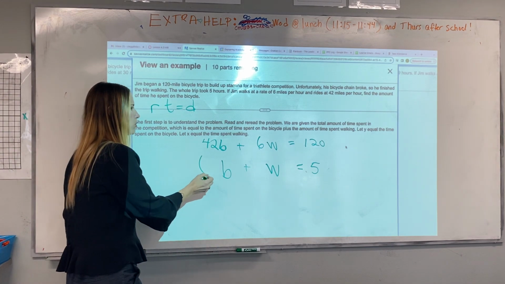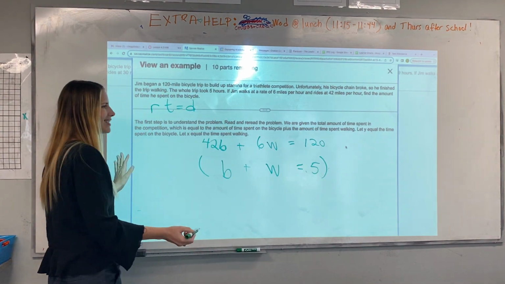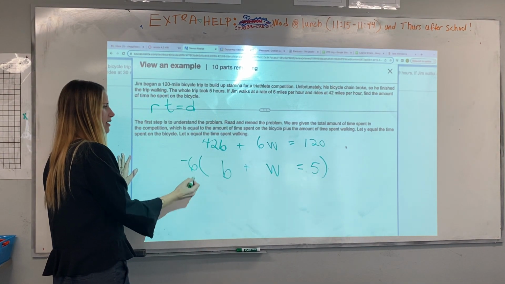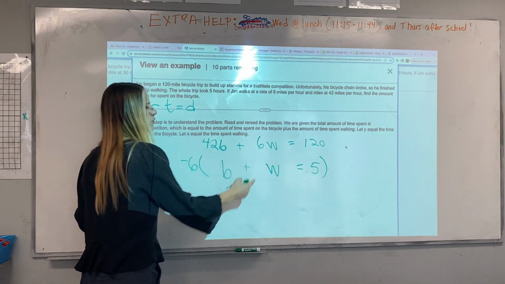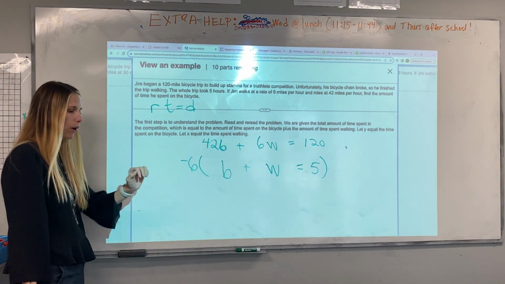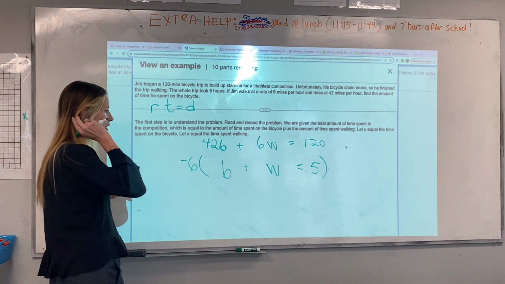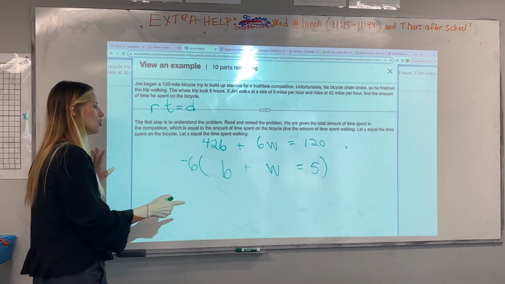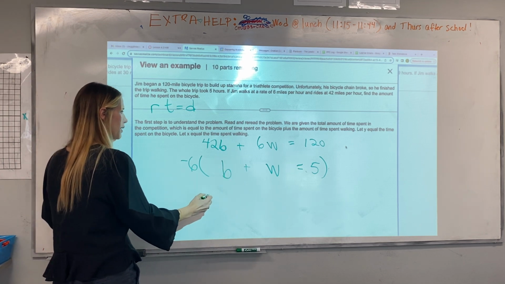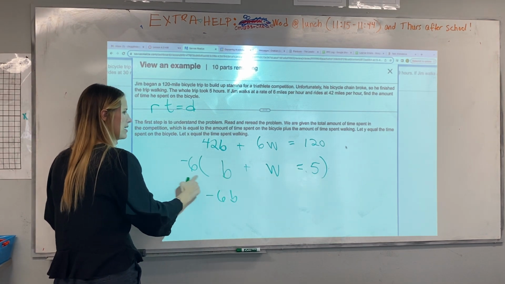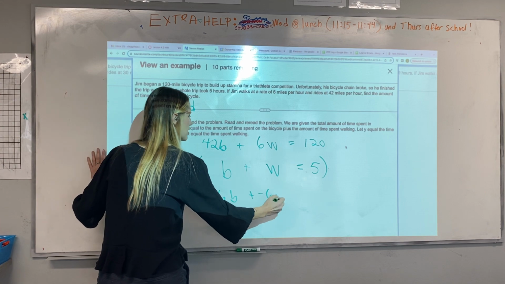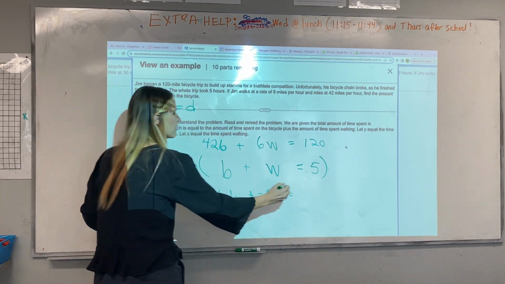I'm going to have to multiply this equation times a -6 in order to cancel out this positive 6W. I know I'm going through this fast. If you don't understand it, it's okay. It's really, really tricky. This is a very advanced question. So I have to change this to be -6B plus -6W equals -30.